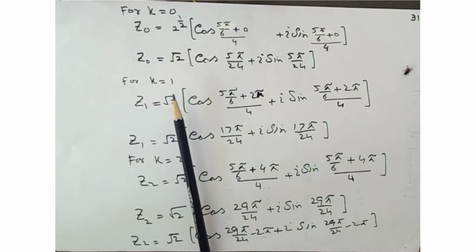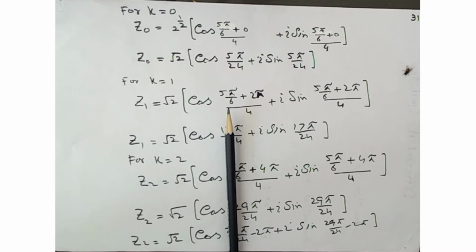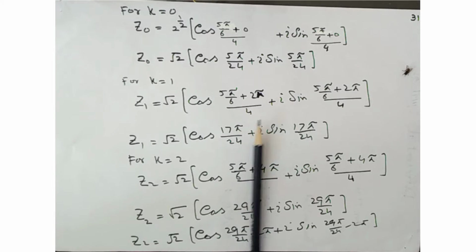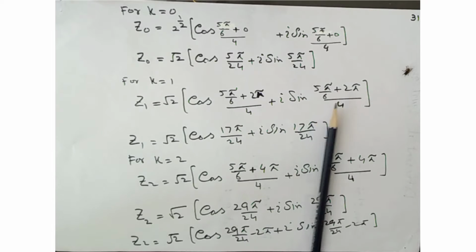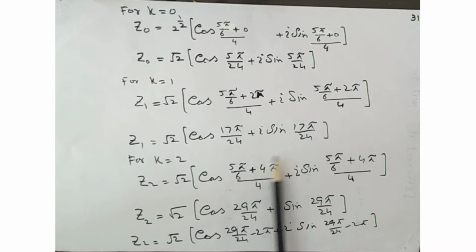And for k equal to 1, by putting k equal to 1, we get z1 equal to √2 cos of (5 pi by 6 plus 2 pi) divided by 4 plus i sin of (5 pi by 6 plus 2 pi) divided by 4. This becomes cos 17 pi by 24 plus i sin 17 pi by 24.